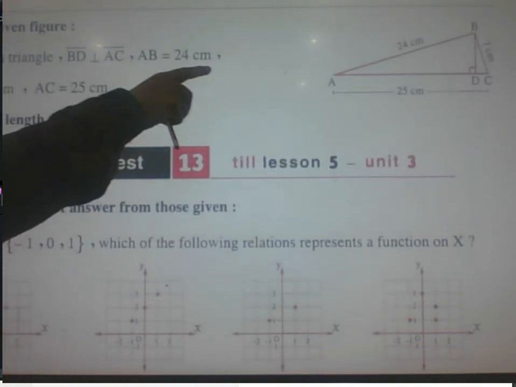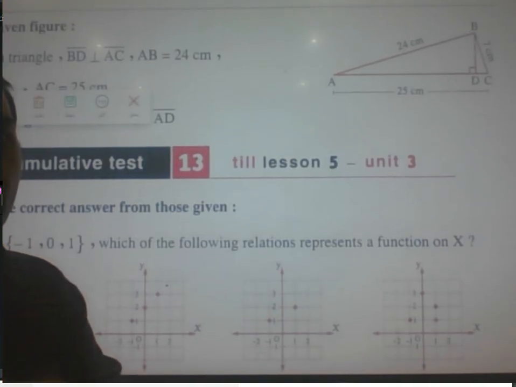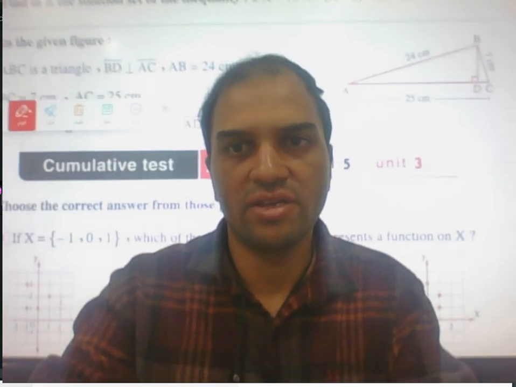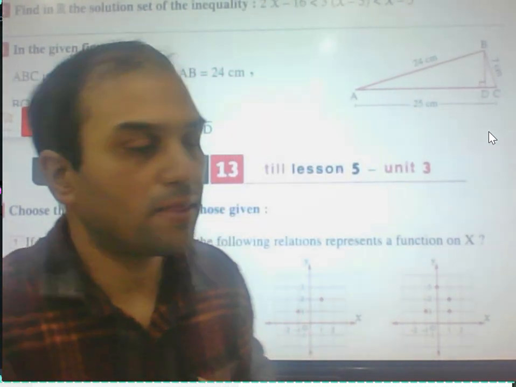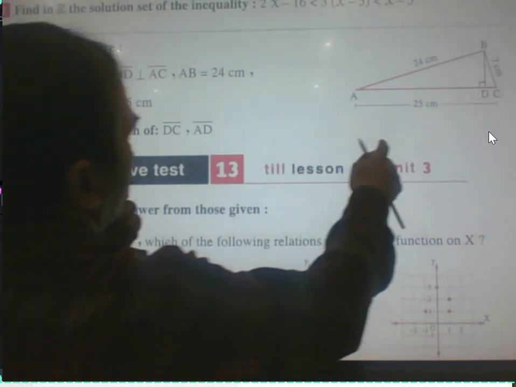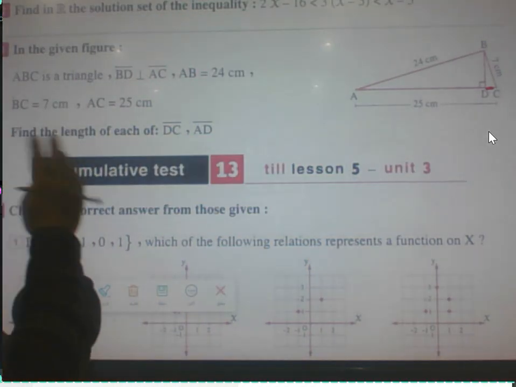Next question. In the figure, we have triangle ABC. Okay, and he gave me a right angle, the measure of angle D is right here, like this. He wants to find the length of DC, and also to find AD.